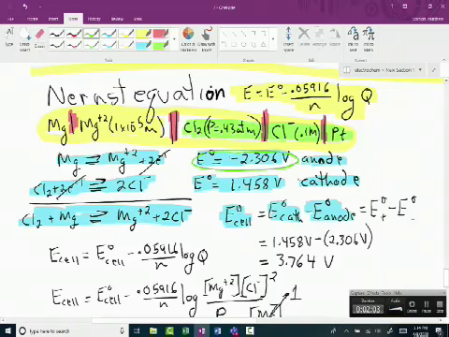I did not switch it because it was undergoing oxidation. I leave it alone. And I do E of the cathode minus E of the anode, which the book writes as E naught plus minus E naught negative. And we get an answer down here of 3.764 volts for E naught. I'll write it in here.